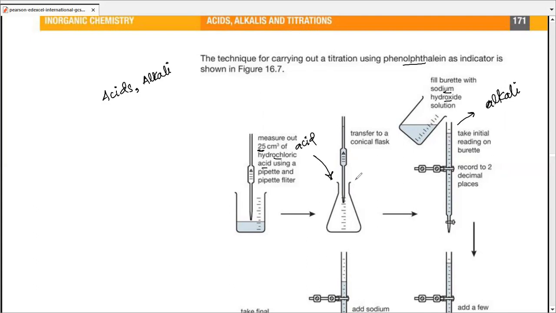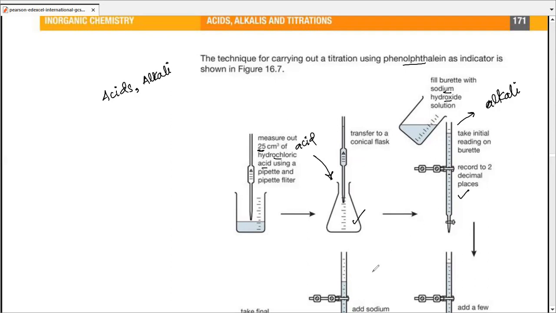Let me tell you: the substance whose concentration is known, because one of these will be the one whose concentration is known, and one of these would be the one that you're going to find with the help of titration. The sole purpose of titration, or the most important purpose of the titration, is to find out the concentration of one of these when you already know one of them. So if you know about the acid, put the acid in the flask and the alkali in the burette. Why? Because the known concentration is always considered for the flask, while the unknown for the burette.